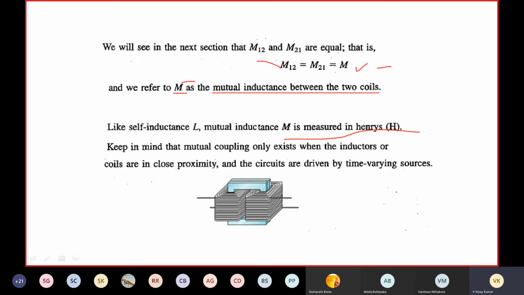Keep in mind that mutual coupling only exists when the inductors or coils are in close proximity and the circuits are driven by time varying sources. This is important. If it is a time varying source, then only EMF will be induced.